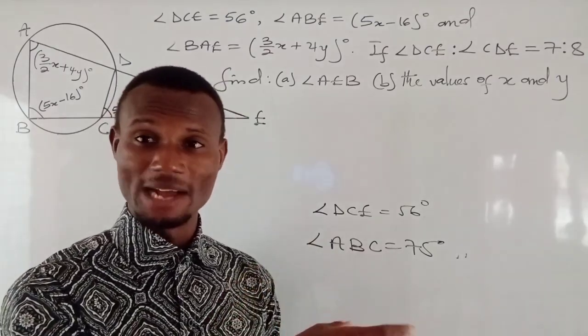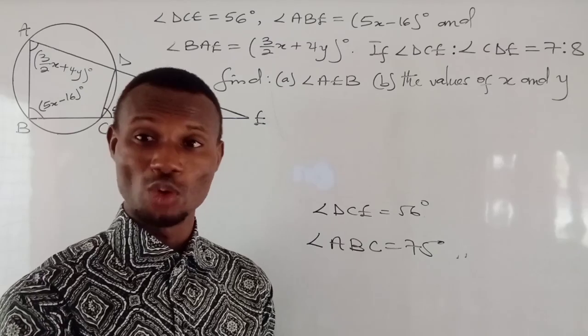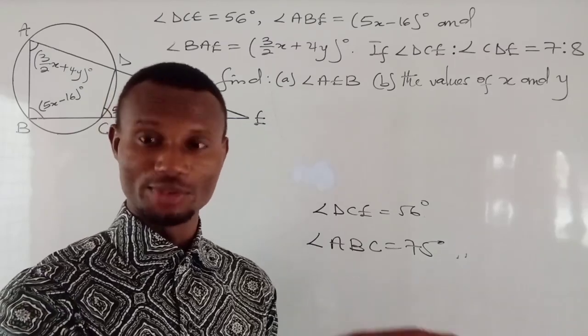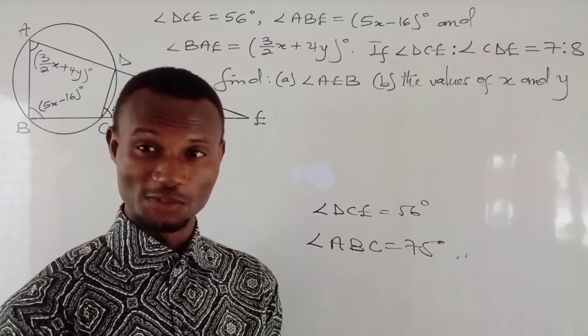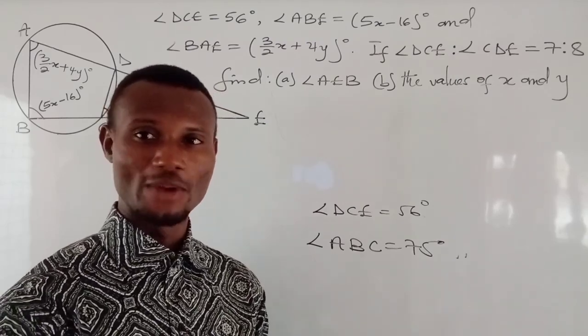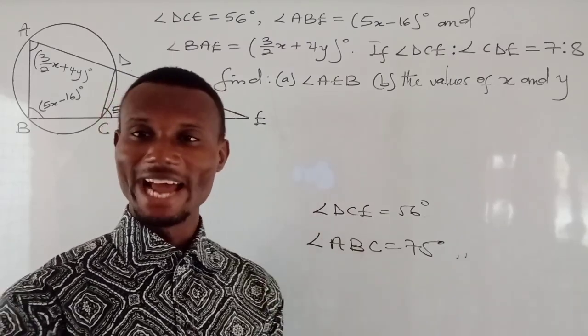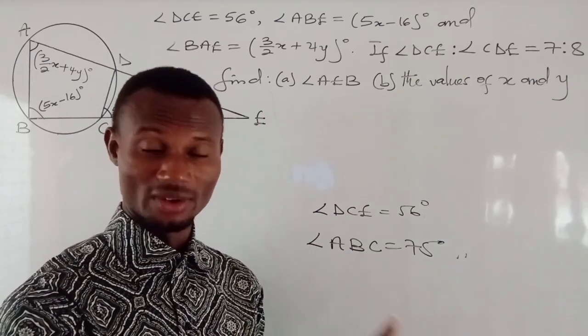So the middle letter is our focus because that is where the angle is formed. I hope the explanation is clear enough up to this point. With this understanding, we are going to go to the diagram and identify all the values given in the question.